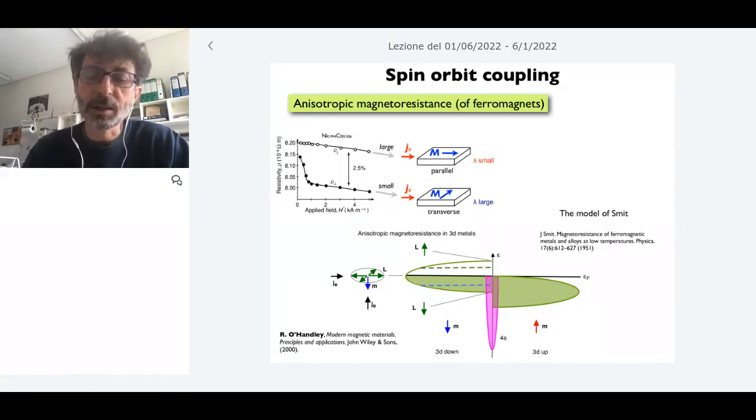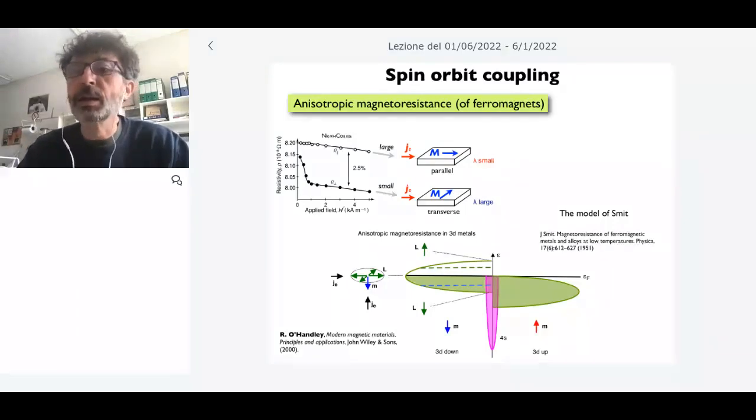Then you have another contribution that was discovered by Schmidt, and it's well explained in the book of O'Handley, where you have an enhanced scattering, because exactly when you have the Fermi level in the middle, the spin-orbit interaction also acts as an increase of scattering probability. So the minority electrons are more and more scattered because of this effect.